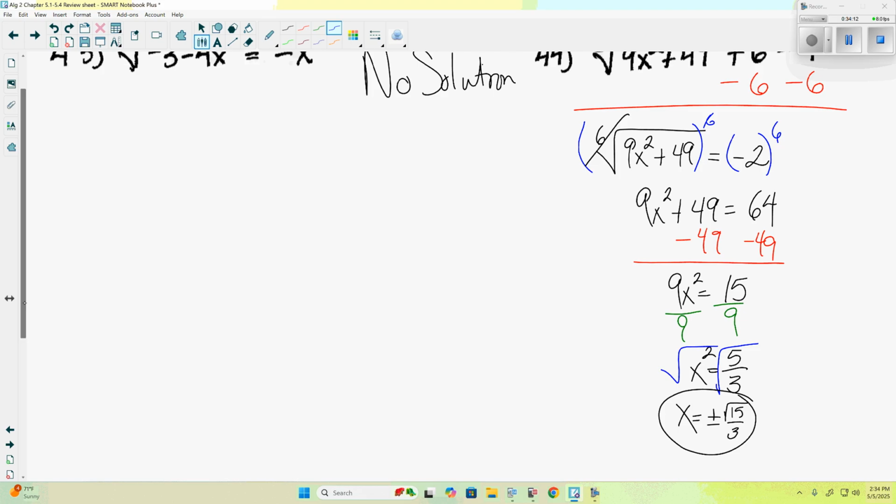When we plug it back in, 9 times the square root of 15 over 3, squared, plus 49, plus 6 equals 4.